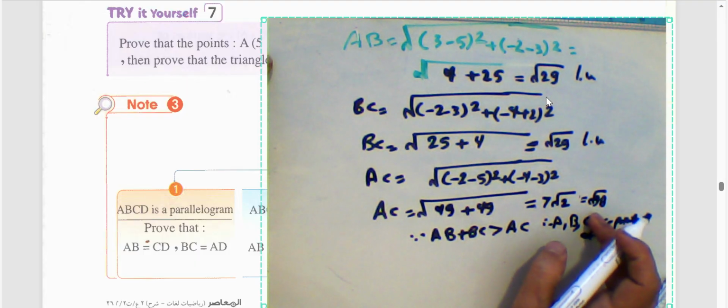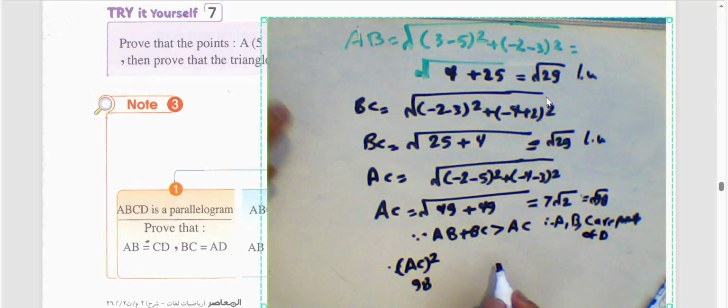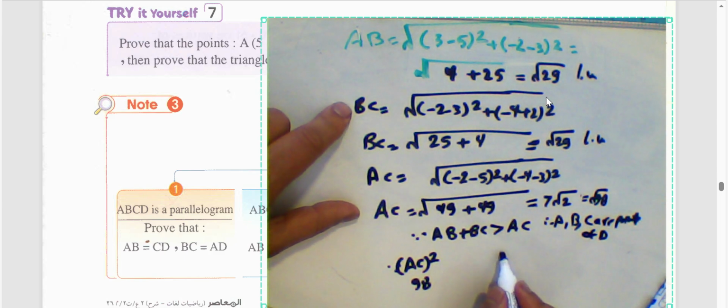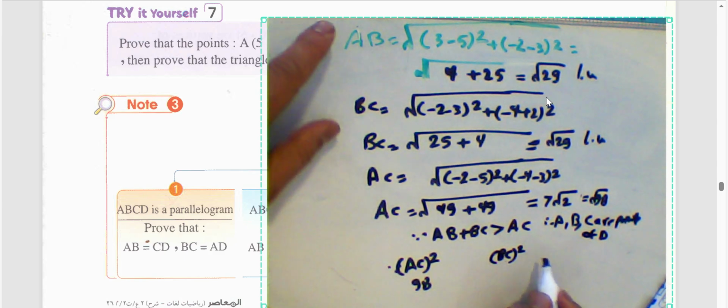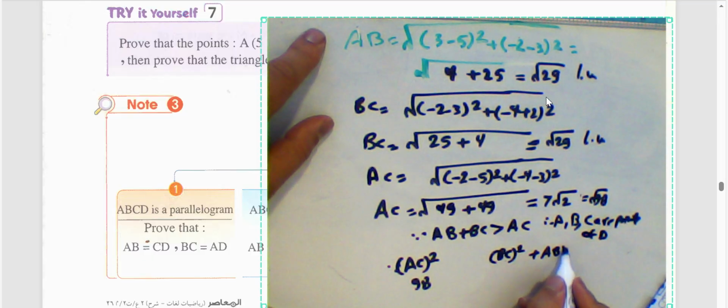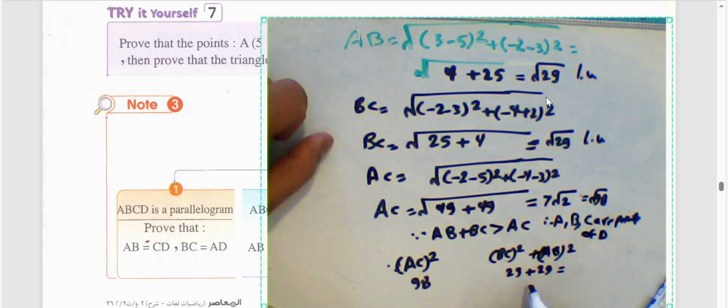Then we compare AC power 2, it will be 98, with BC power 2 and AB power 2. The first power 2 will be 29, and here 29. 29 plus 29 equals 58. 98 is greater than 58.